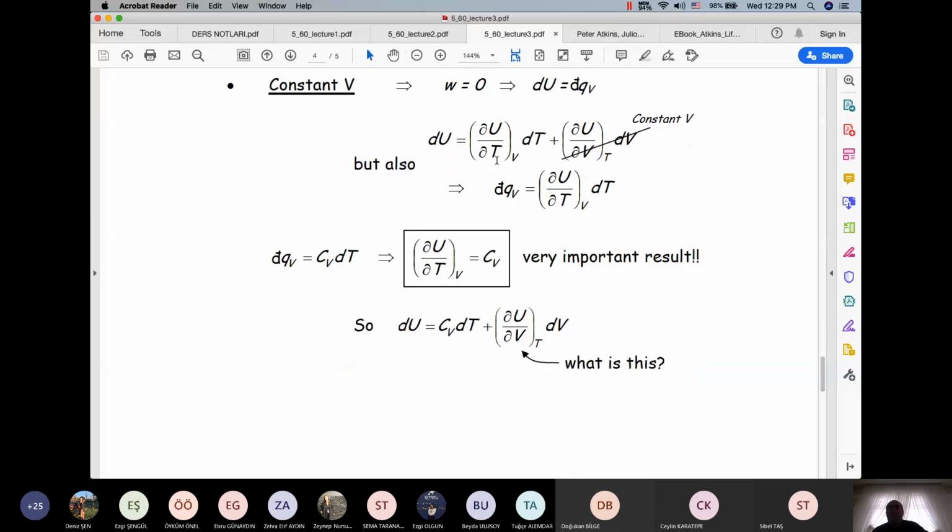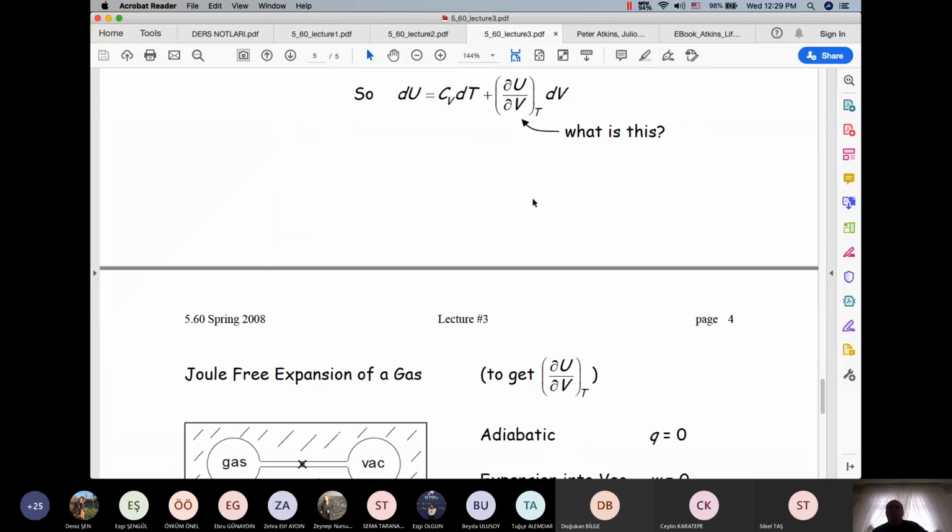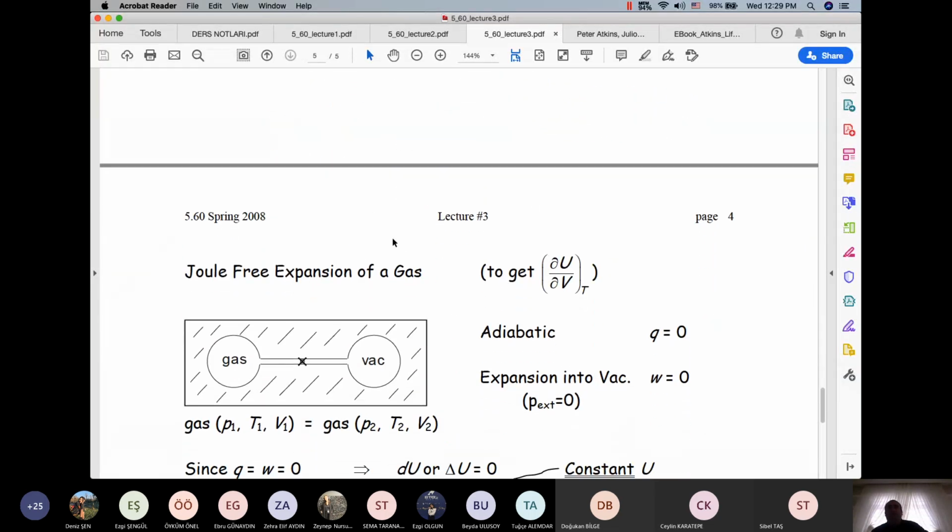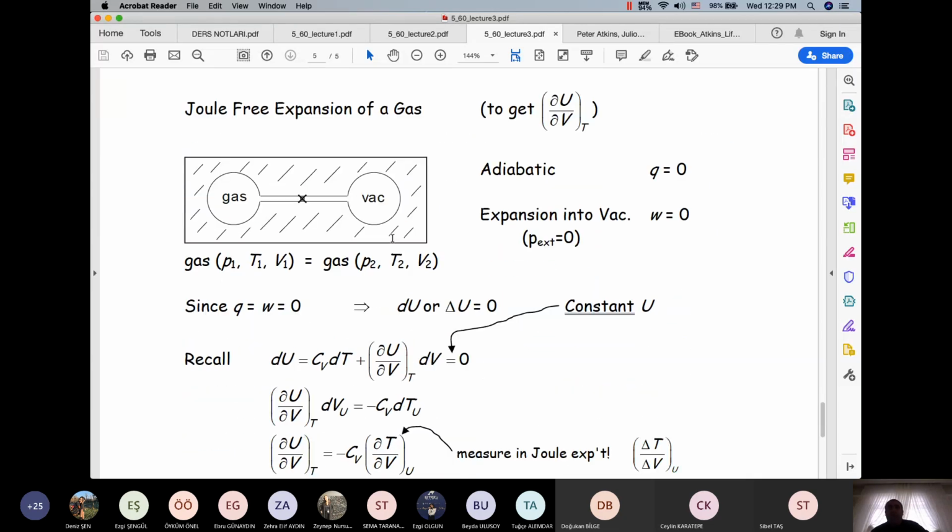Bir de onu bulalım. O kısmı bulmak için Joule Free Expansion deneyini yapıyor arkadaşlar. Free Expansion deneyinde sistemi adiabatik bir duvar örüyor, yani sistem herhangi bir ısı alışverişinde bulunmuyor. Dolayısıyla sistemin Q'su 0. Sistem vakuma karşı genişliyor.